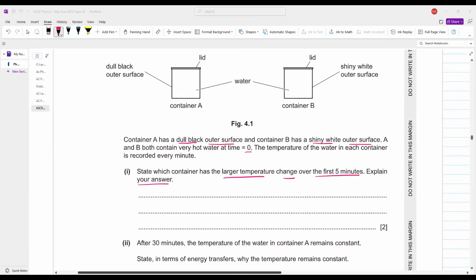So you can say the container with the dull black surface or container A has the largest change in temperature. Why? Because dull black surfaces are good emitters of infrared radiation.